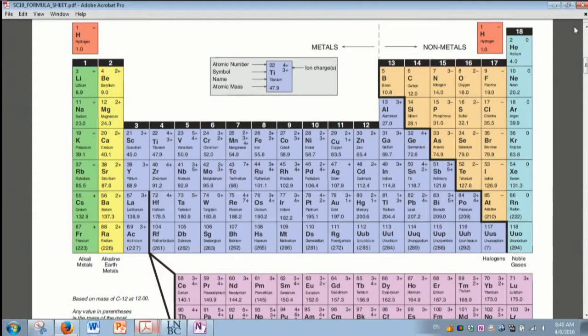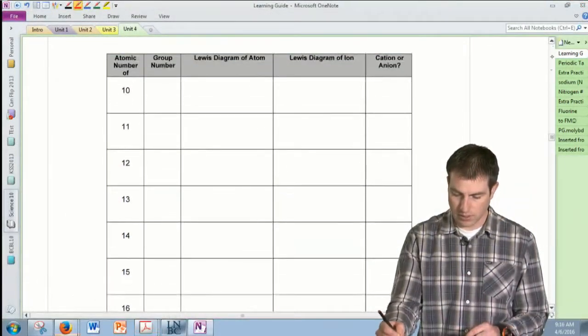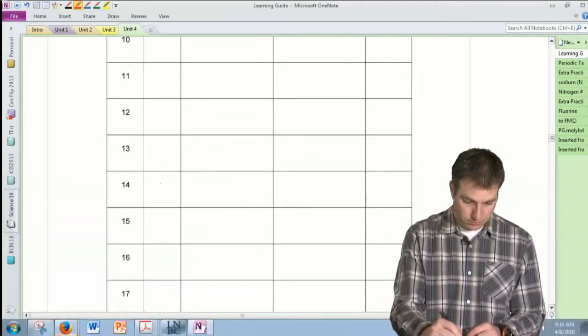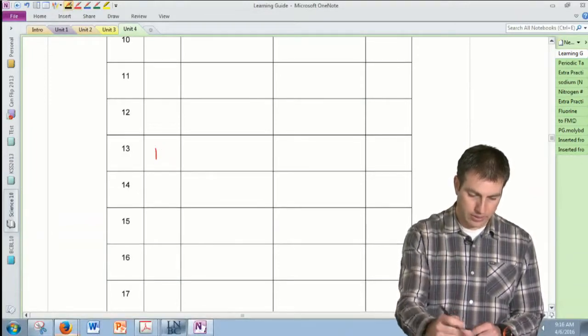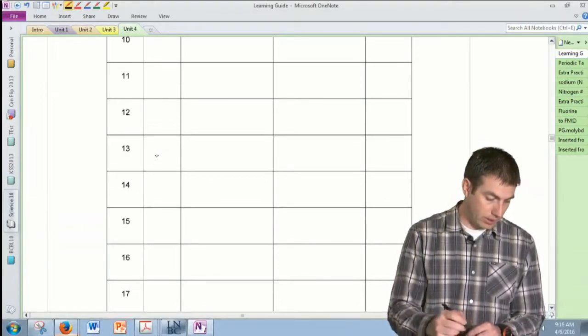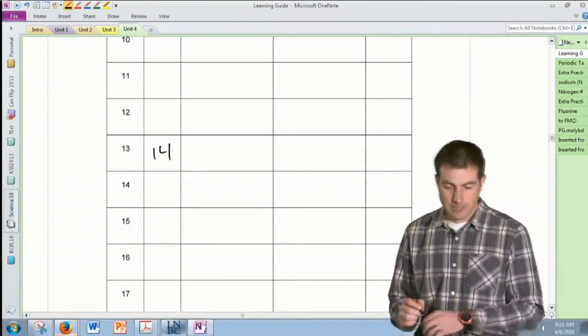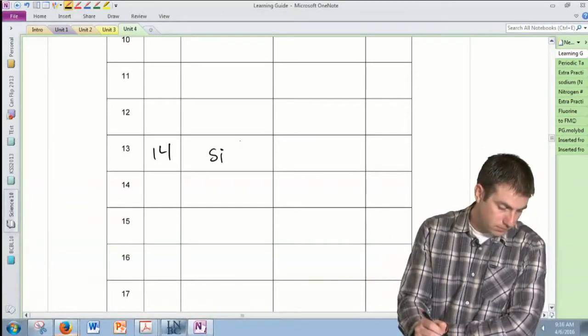Silicon's 14, it's a non-metal, just on the step. Silicon is in the 14th column. Its symbol is Si.